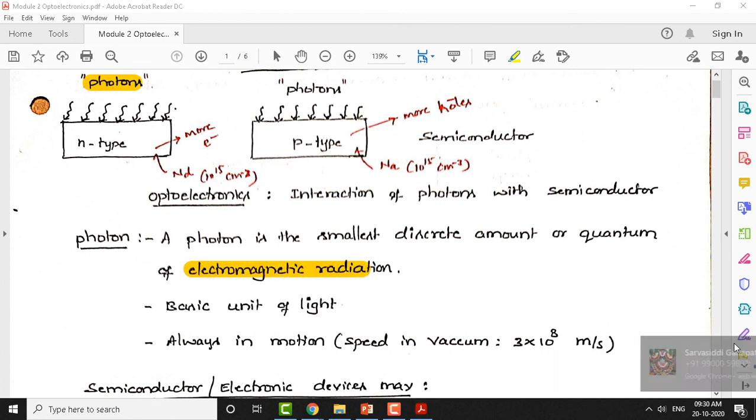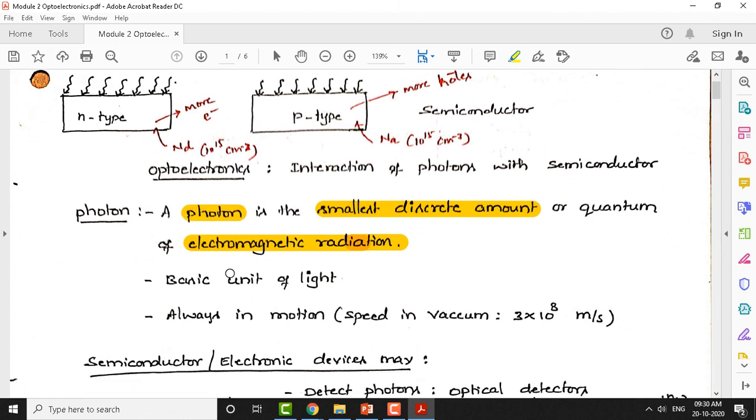A photon contains a small packet of energy and is the basic unit of light.